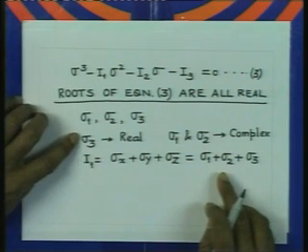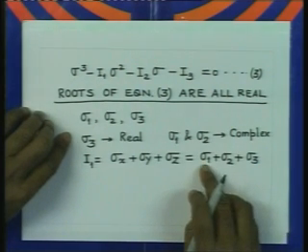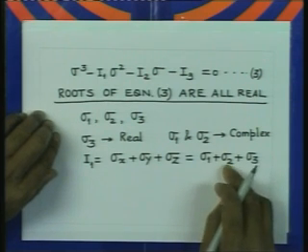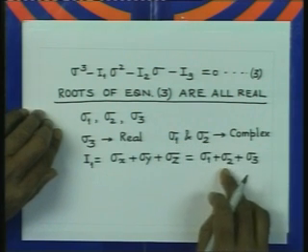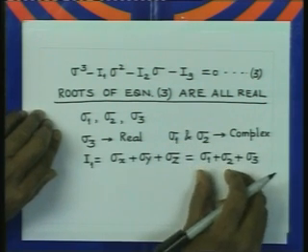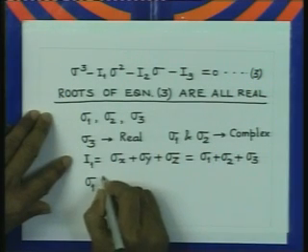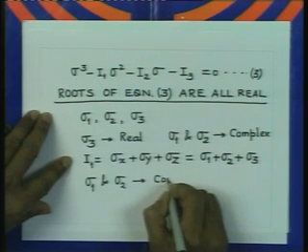If the sum of these 3 quantities has to be real, it demands that sigma 1 and sigma 2 must be related. In fact, one should be the complex conjugate of the other. So, if sigma 1 and sigma 2 are complex, to get the imaginary part of the sum of these 2 roots to cancel, sigma 1 and sigma 2 must be complex conjugates.